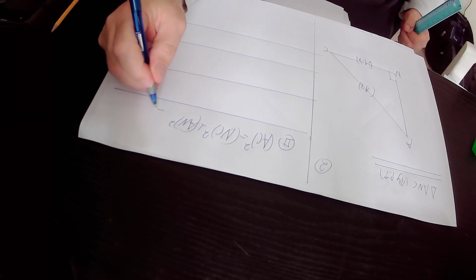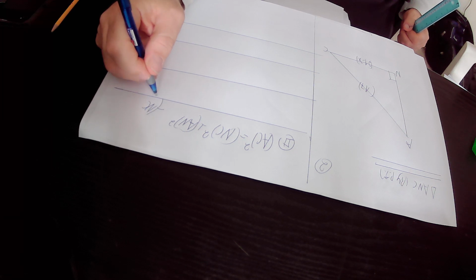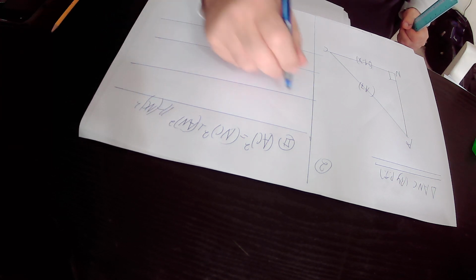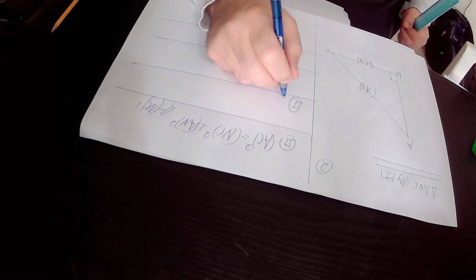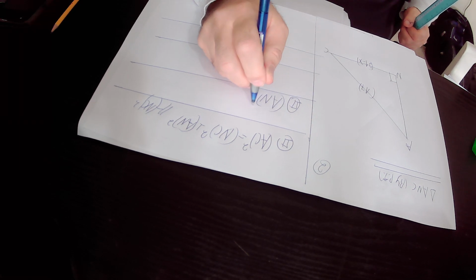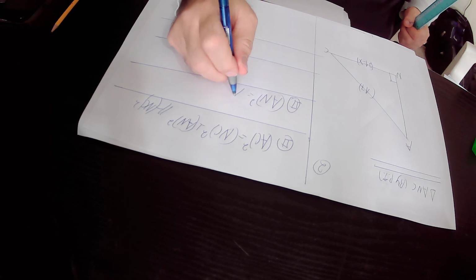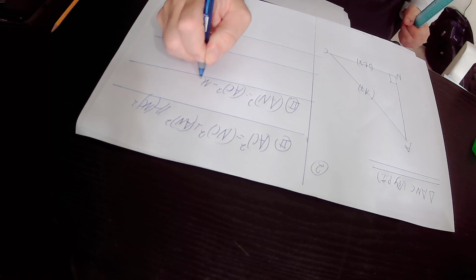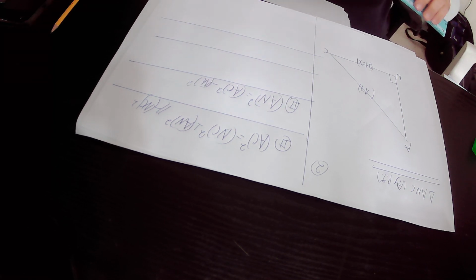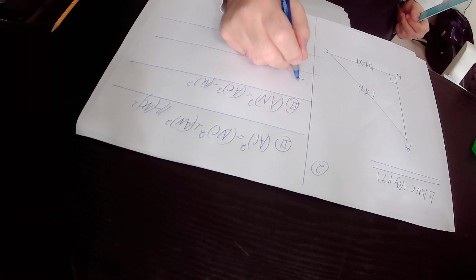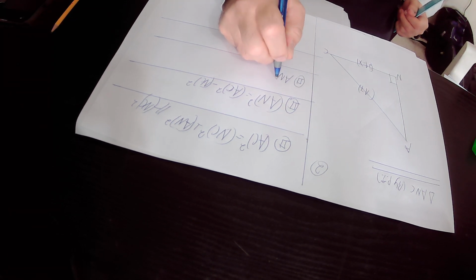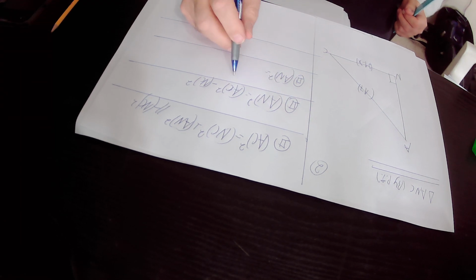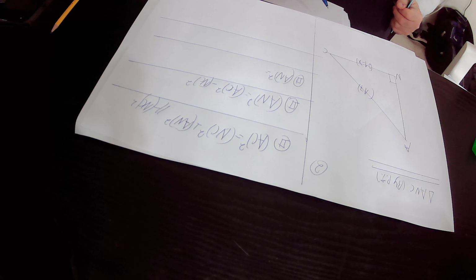Here we subtract NC squared from this equation 2, and you get that according to equation 2, AN squared equals AC squared minus NC squared. So AN squared equals AC squared. AC is 17, therefore AC squared is 17 squared, that is 289, minus NC squared.